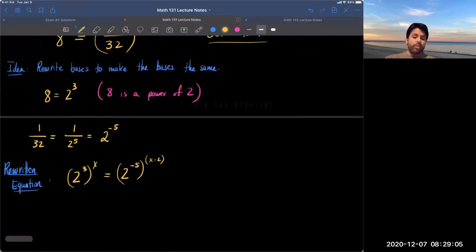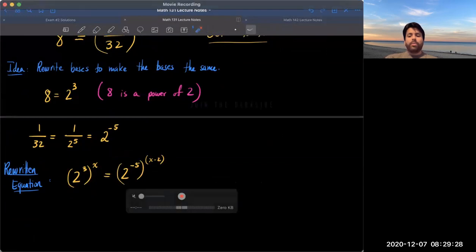And now what do I do? Now I have the same base, don't I? 2 is the base here, and 2 is my base here. But now what do I have to take care of? These exponents.